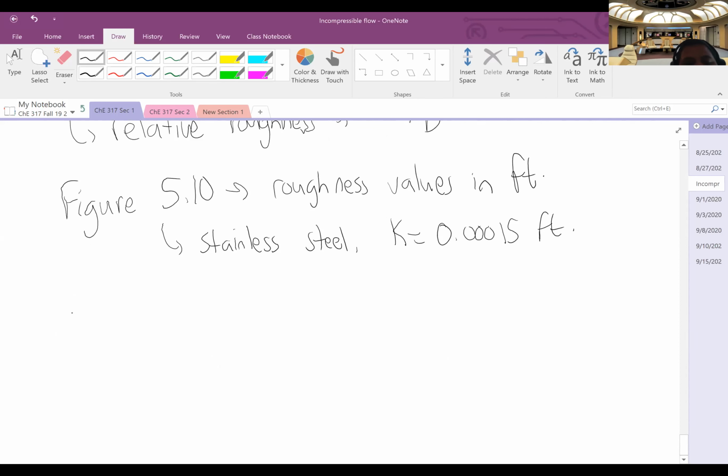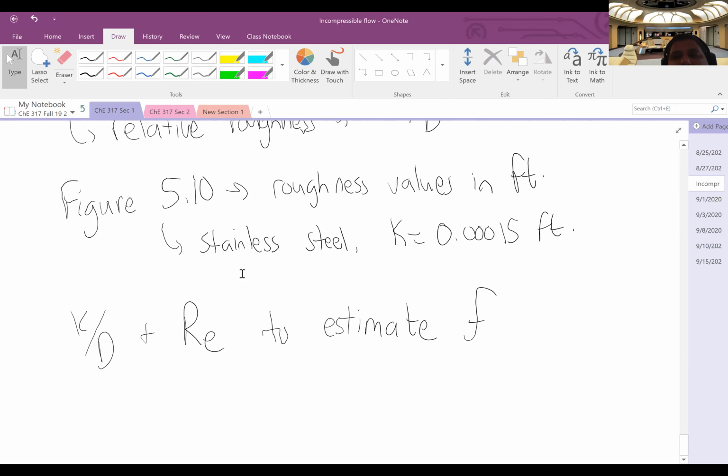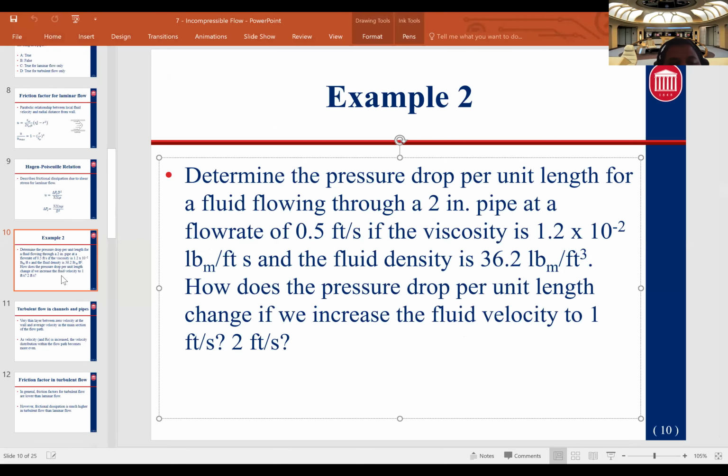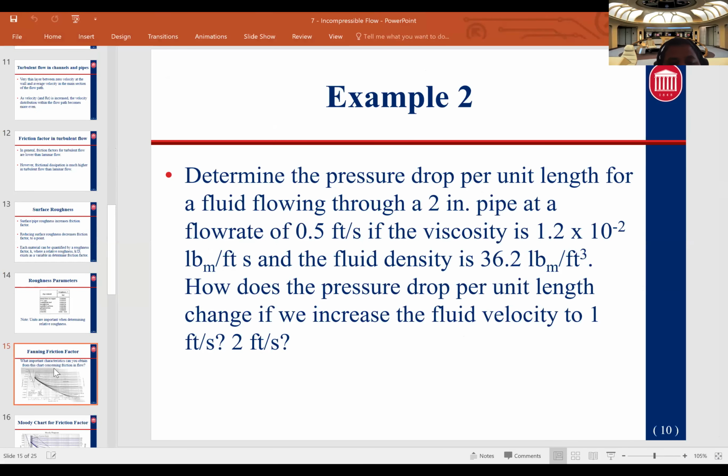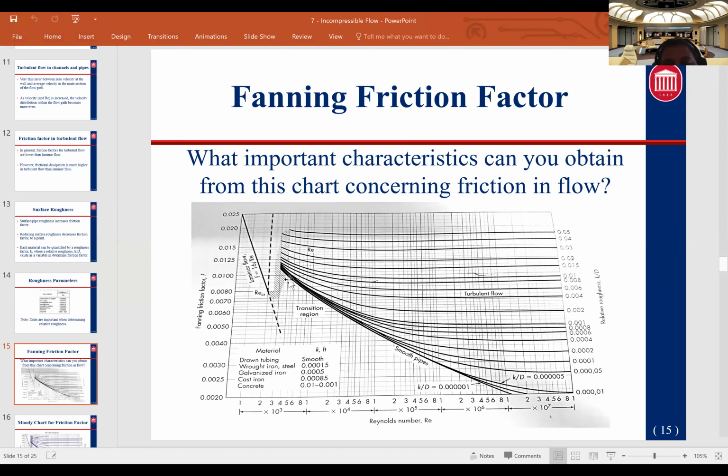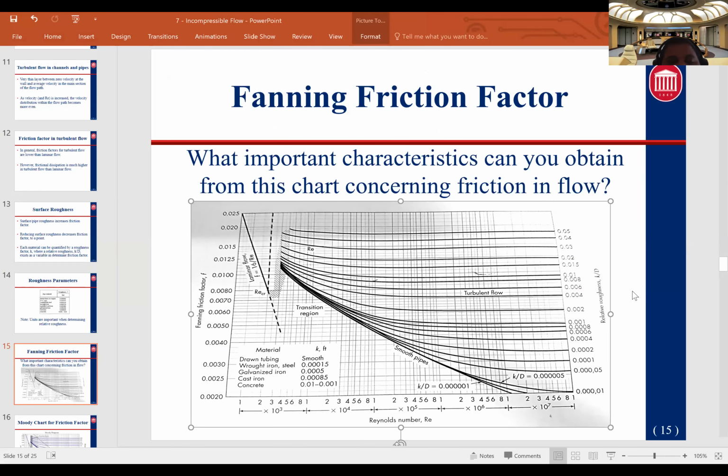So with this in mind, what we typically look at once we have relative roughness is we combine our relative roughness and our Reynolds number to estimate our friction factor. And we do this through use of a somewhat helpful chart, which looks like this. You'll find it on page 115 of the textbook.